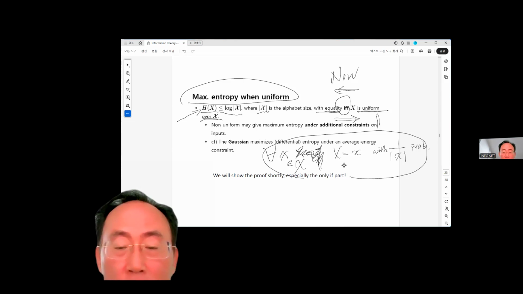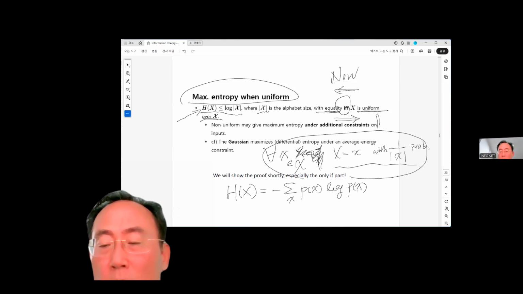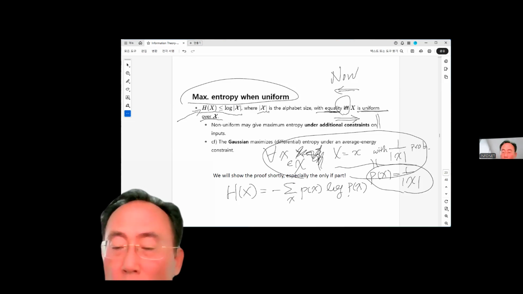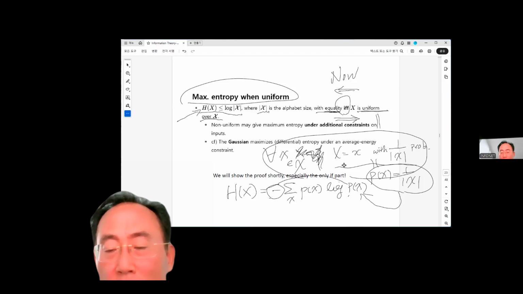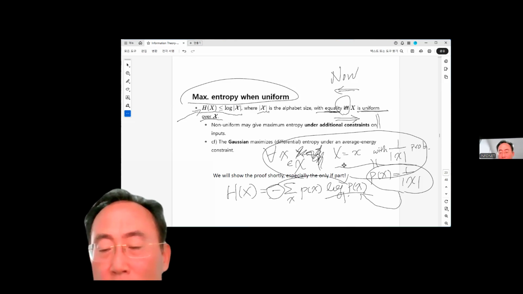So apply this to entropy. H of X, entropy is this, right? And this part can be written as P of x is also this, right? So apply that one right here. And then note there is a minus sign. Bring that minus sign inside. That is going to be 1 over size of X. Then this part falls down to the size of the messages.